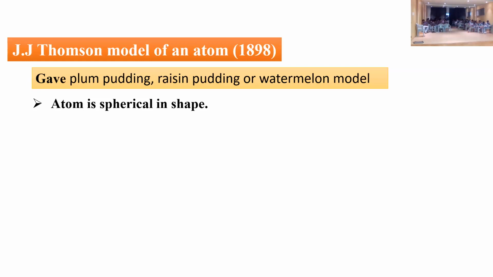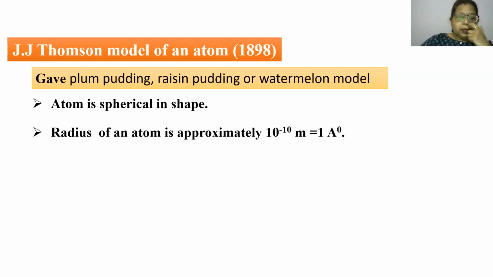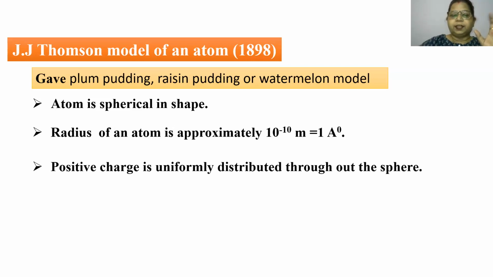First of all, he assumed the atom to be spherical. This point, I agree, is not emphasized in class 9 because it was not that relevant at that time. Now, please note it down. To him, the atom was spherical, right? He understood the radius of the atom is approximately 10 to the power minus 10 meter, or 1 Angstrom.